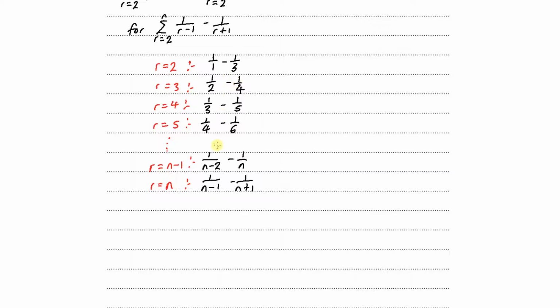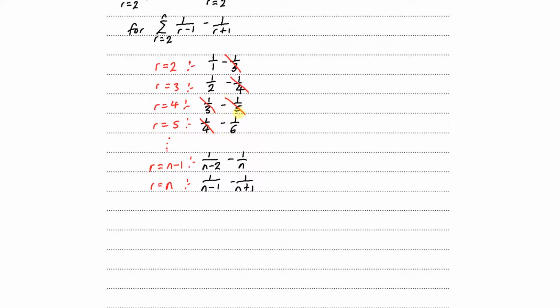And if you study the pattern, you can notice that if we are going to add the terms, then a term like minus a third gets added to a third so that they get eliminated. And then a term like minus a quarter, if we skip one term, we find a quarter here to add to it, and therefore we eliminate them. So I think you can notice that all the terms that are inside will always find another term to add to them and therefore eliminate.